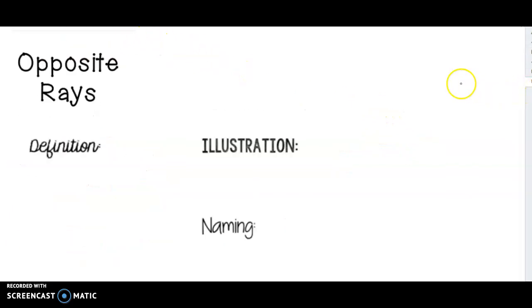All right, let's look now at opposite rays.